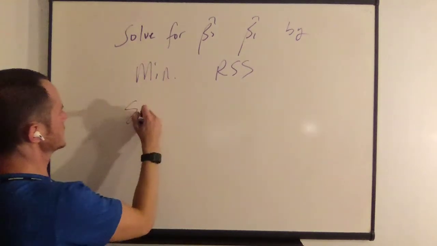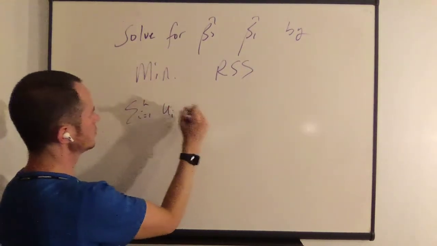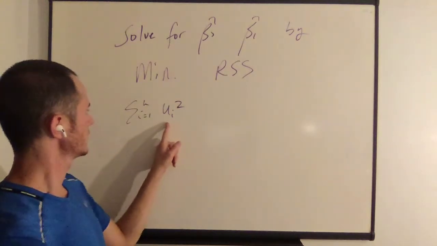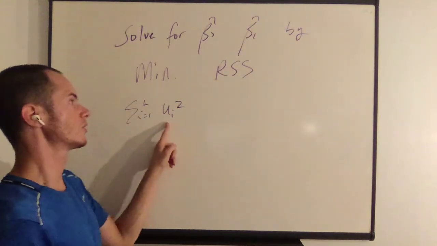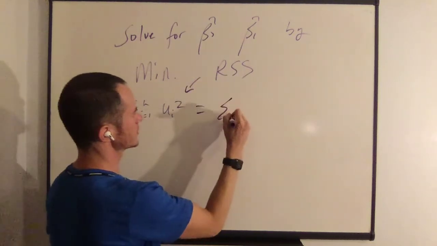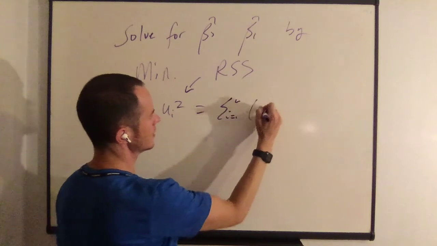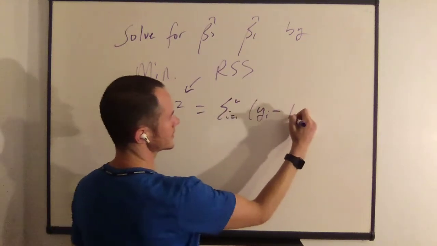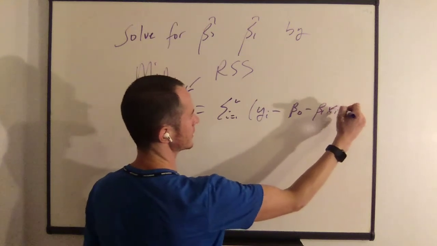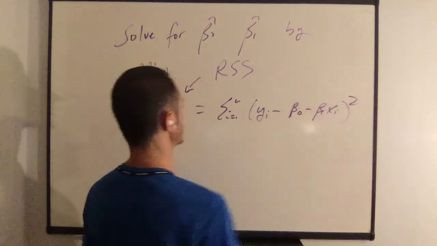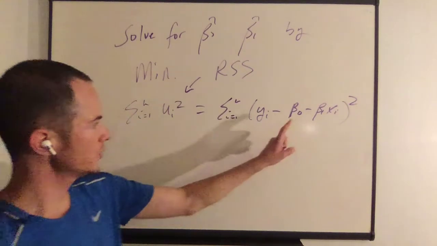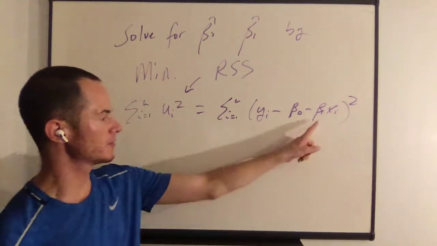So the sum from i equals 1 to n of ui squared, this is the sum of squared residuals, or residual sum of squares. Okay, that's what that is. And this is equal to the sum from i equals 1 to n of yi minus beta naught minus beta 1 xi, right? Squared.